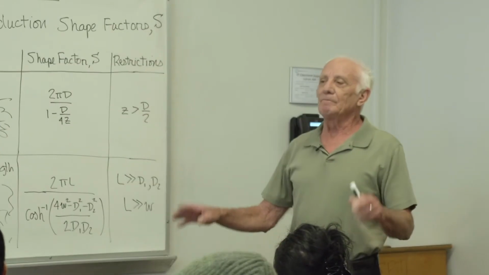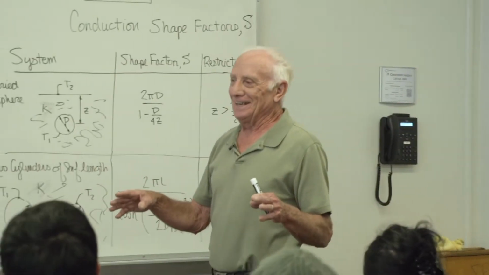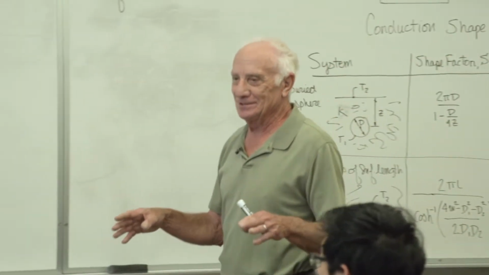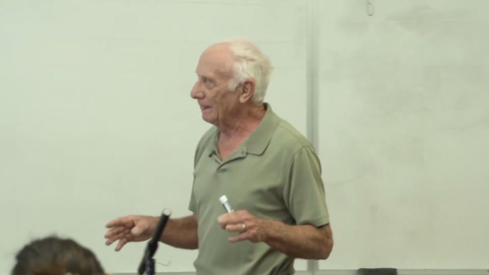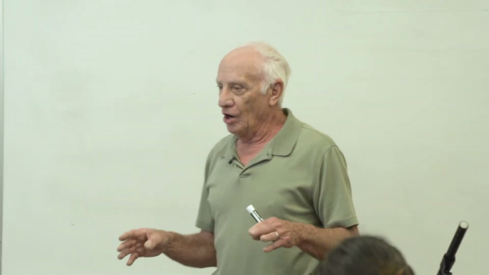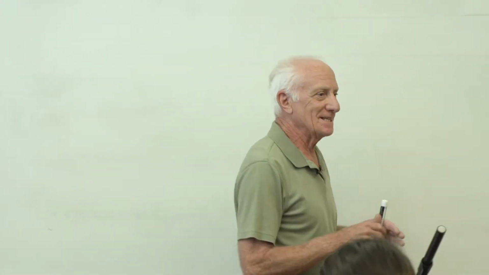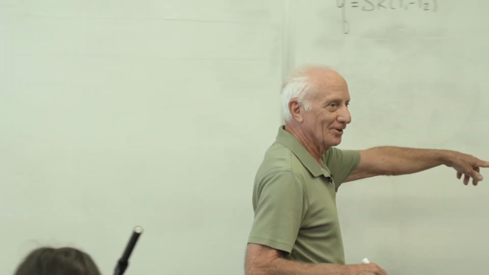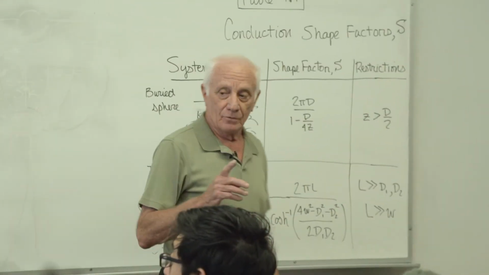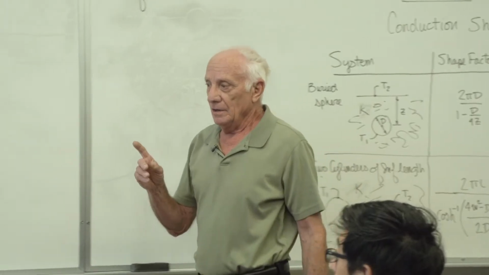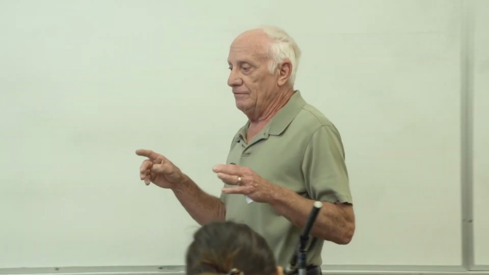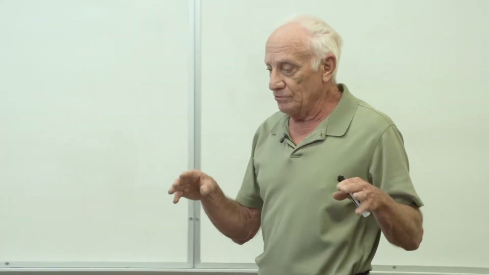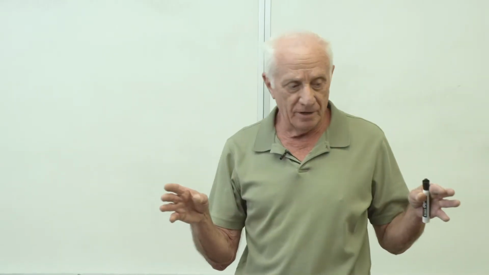But in the world of the classroom, the textbook, and exams, here's the rule. Look for key words. If you see words like long pipelines, that means I think I can use that equation. Long means much longer. We had that in chapter 1. We said in radiation, if you've got a small object in a large room, you can use this equation for radiation.